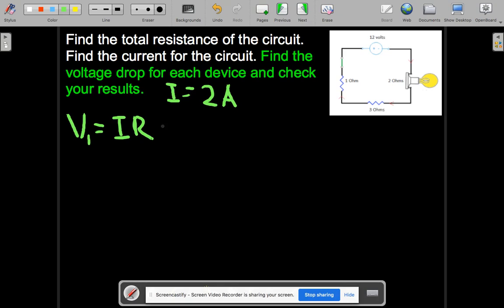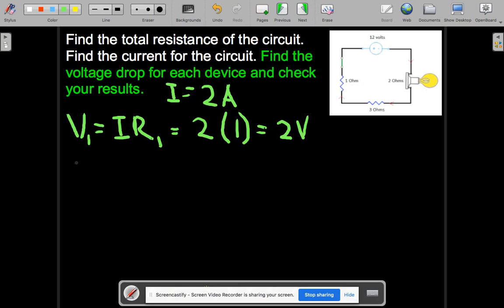We're going to look at the voltage drop across the first resistor. The current stays at 2. The first resistor, we'll call this one our R1, is 1 ohm. So we're going to say 2 times our R, which is 1. We get a total voltage drop across that first resistor as being 2 times 1, which is 2 volts.